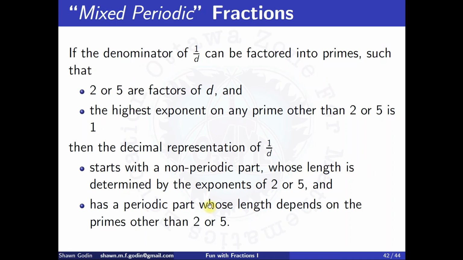Now, this highest exponent of 1 is there because if we know that 1/7 has a period length of 6, to go to 7 squared or 7 cubed or 7 to the 4th, there's not an easy way to determine the length of those things.